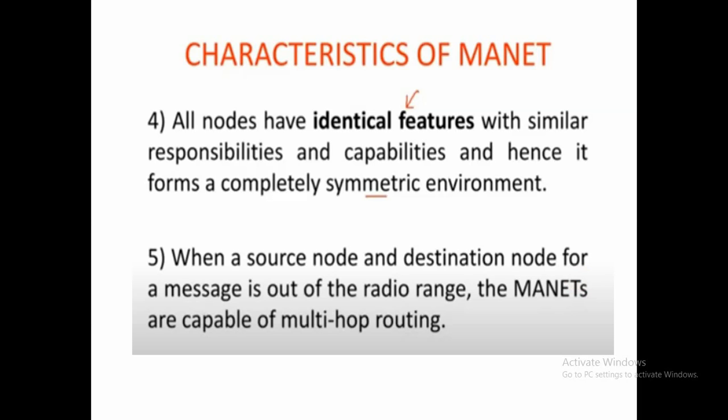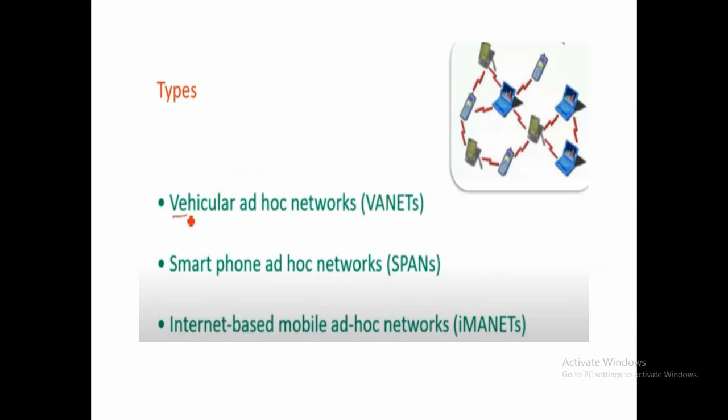That is, there can be multiple nodes through which the information, message, or communication can go. This is called multi-hopping or multi-hop routing. It can take any way. There are also some different types. Already we saw the vehicular ad hoc network in the previous lecture.